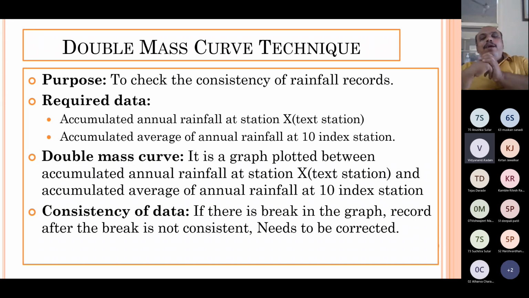If the data is consistent, in that case the graph is a straight line. And if the data is not consistent, there will be a break in the graph. So if there is a break in the graph, then the data after the break is not consistent and needs to be corrected. Your assignment number 2 is based on the double mass curve technique.